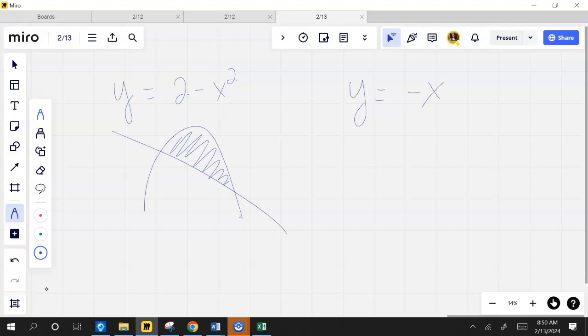How do we know A and B? Set them equal to each other. That's exactly right. Where they equal each other are the points they share. Do you agree? If it's a point on the line and a point on the curve, that means it satisfies both equations, right? 2 minus x squared equals negative x.